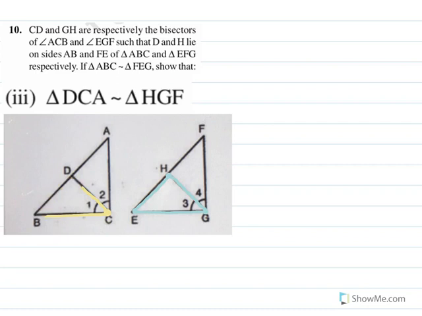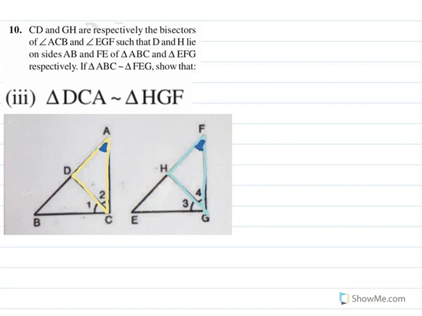Oh, this was not right. DCA is on the top. These were both wrong. So DCA is this triangle, and HFG is this triangle. And we have already proved that these are similar because the bigger triangles were similar.